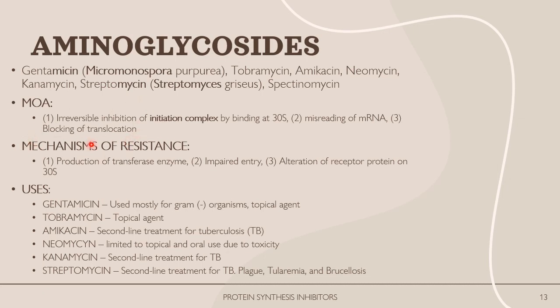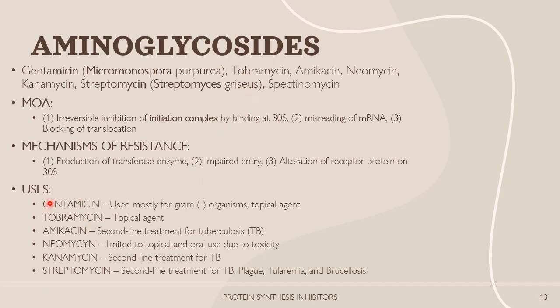Some bacteria can develop resistance to aminoglycoside by producing transferase enzymes that can degrade the aminoglycosides. They can also impair the entry of the drug. And number three, they can alter the receptor of this drug to prevent it from binding.